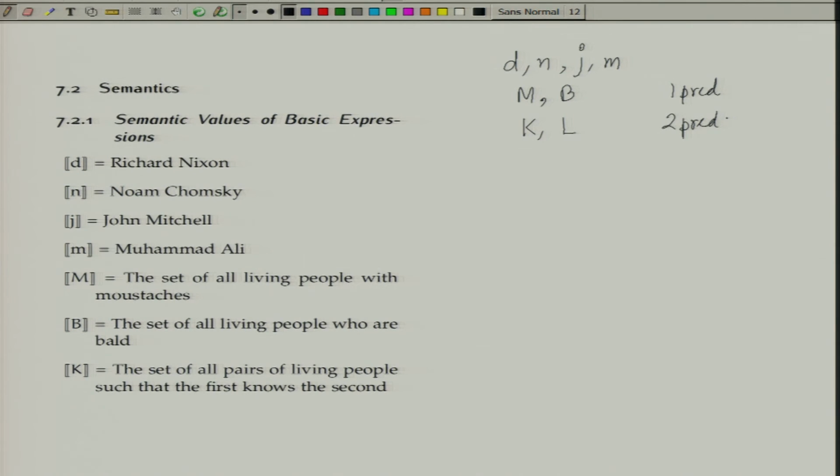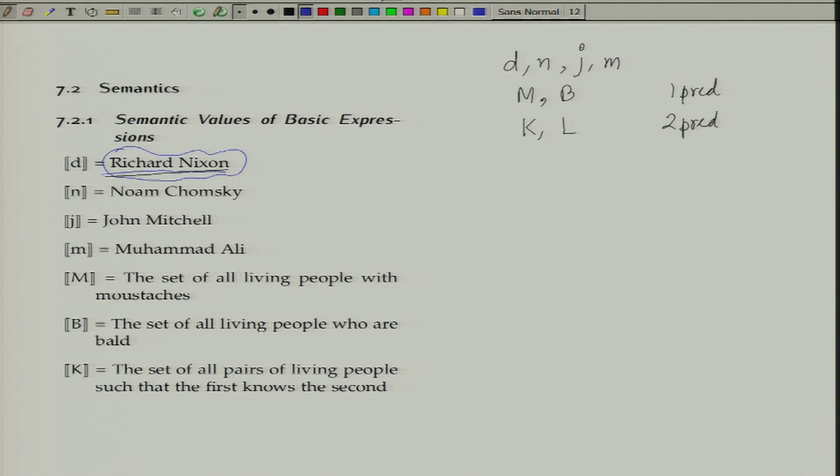First, the reference of D is Richard Nixon, this one. Now, let us see what this means. Basically, this means that let us pretend that Richard Nixon is not a name, it is the person Richard Nixon.